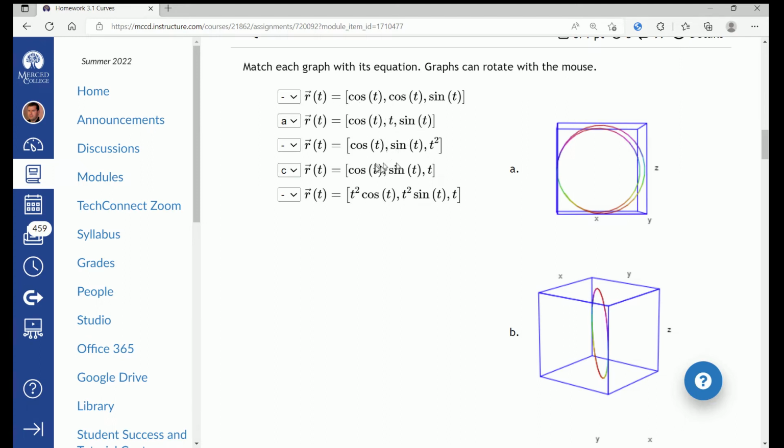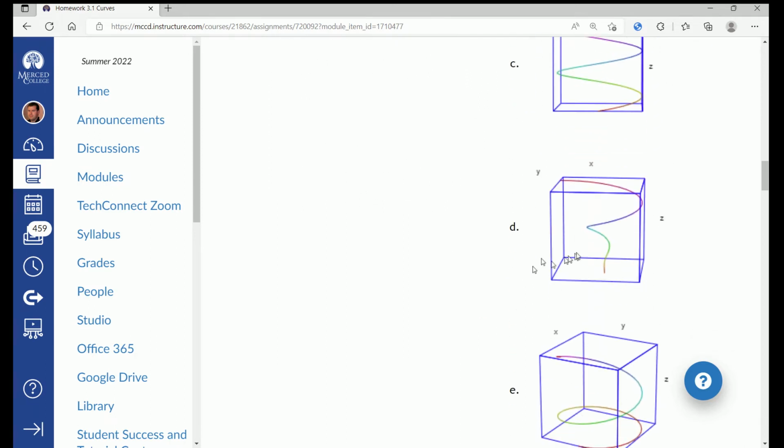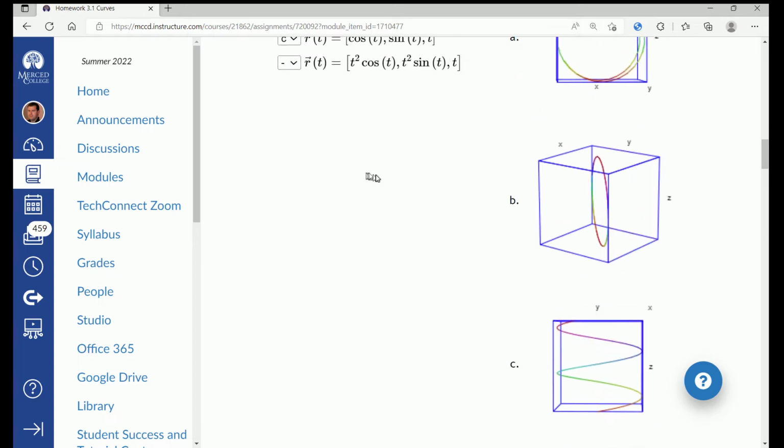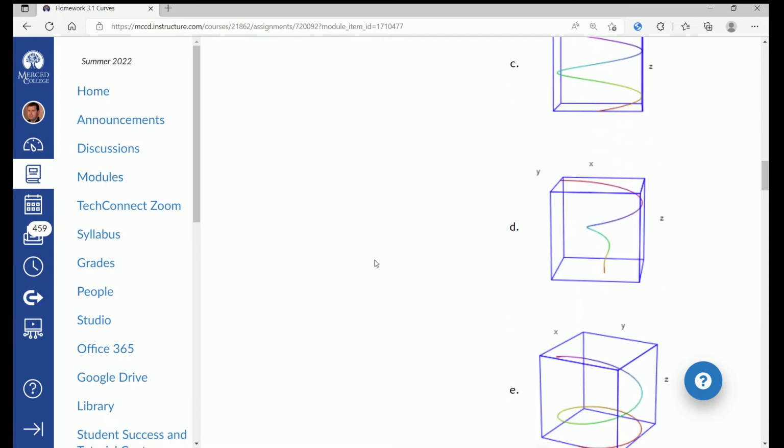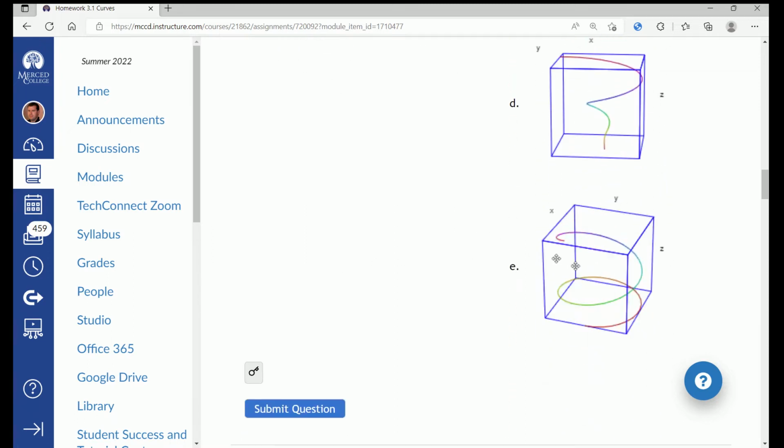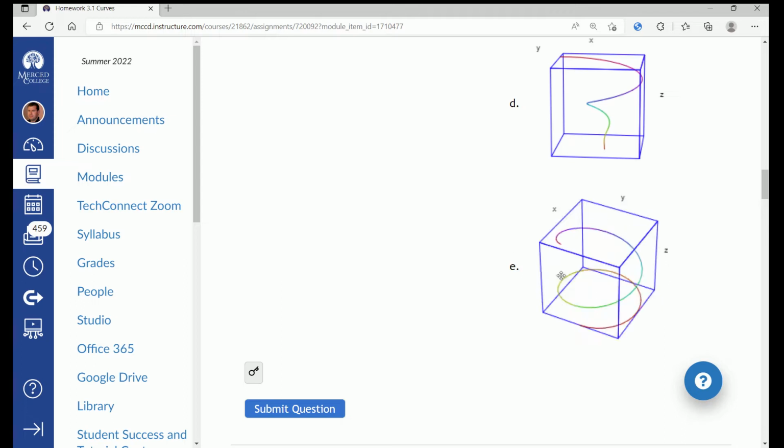Looking at this, the only one I see that has a variable coefficient in front of the sine and cosine is this last one. So even though this is a t squared and a t squared, this is still the only thing that could be doing this. So this must be D, right? And you see other things going on here as well.